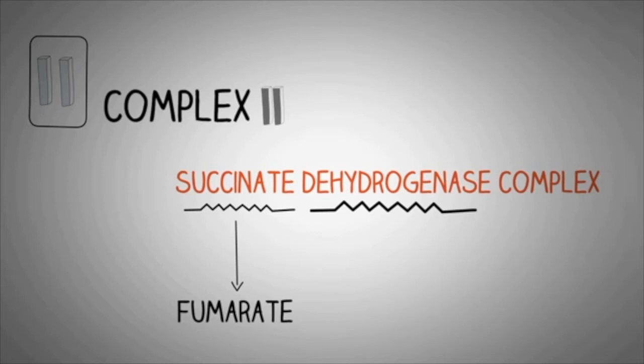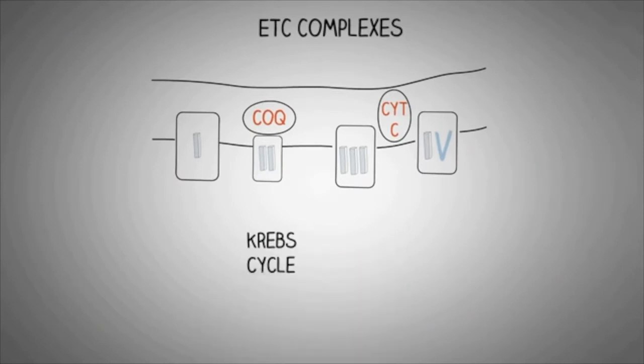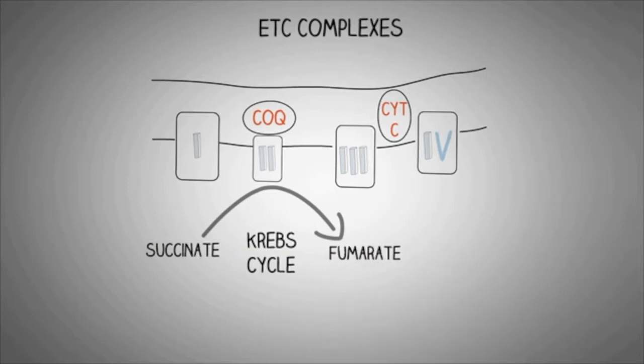Similarly, it is called a complex because it also contains iron-sulfur clusters in addition to succinate dehydrogenase. The second complex is a part of the Krebs cycle which catalyzes the oxidation of succinate to fumarate. In this reaction, the reducing equivalent FADH2 is produced, which is utilized for donation of electrons in the electron transport chain.